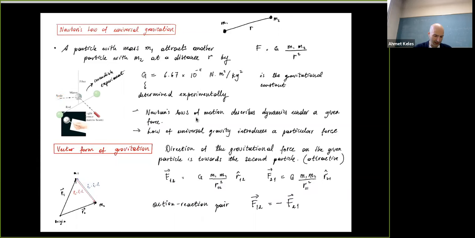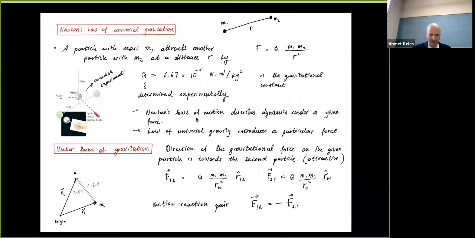A little bit of rotation of this rod can be detected, no matter how small it is. You can bring up this probe mass to here, and you can look at the change in scale. In this way, you can determine G to a very precise value. And here is its value. It's 6.67 times 10 to the minus 11, and its unit is Newton meter squared per kilogram squared.